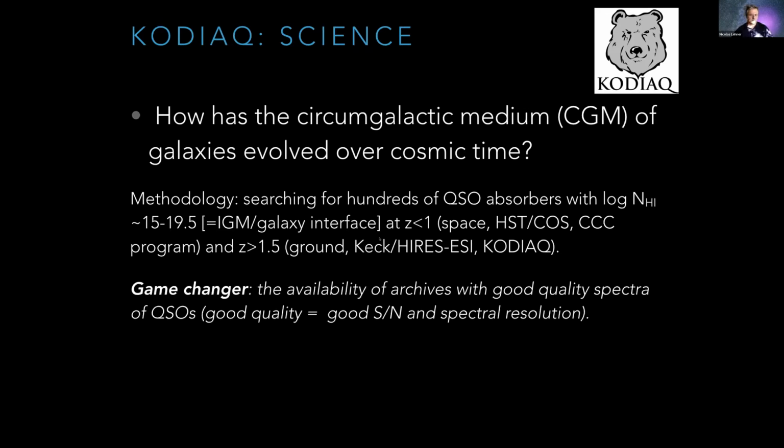If there is one point that you should take away from my talk, it is that archives are important and critical to do this type of science, because without this high quality of spectra in the Keck archive, KODIAQ would never have seen the light.